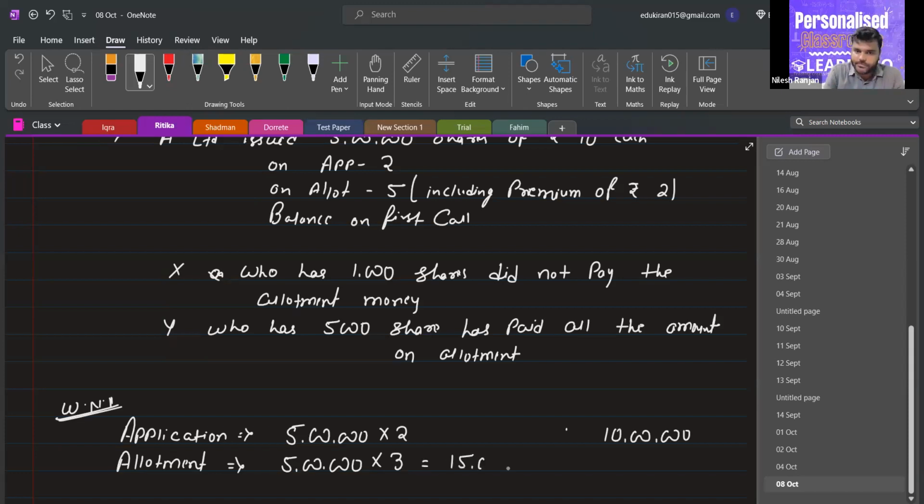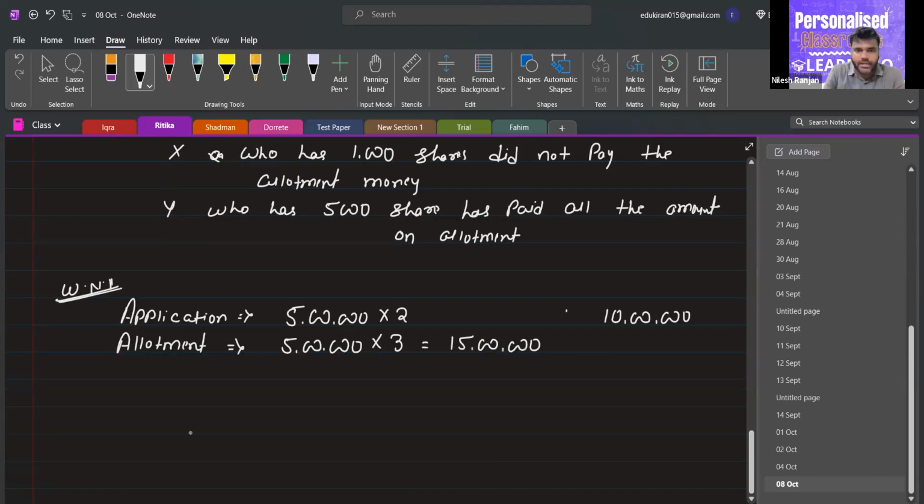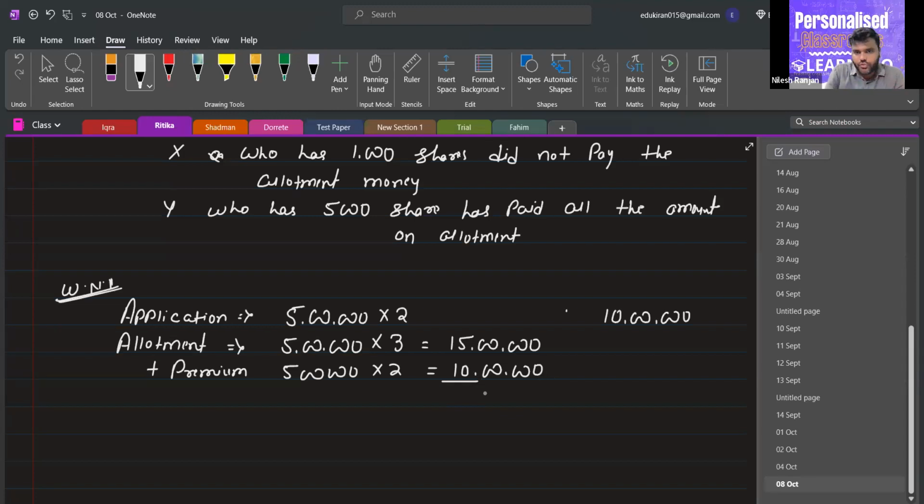When I say allotment money, it means without premium. Premium: 5 lakh into 2, it is 10 lakh. So total allotment money is 25 lakh.